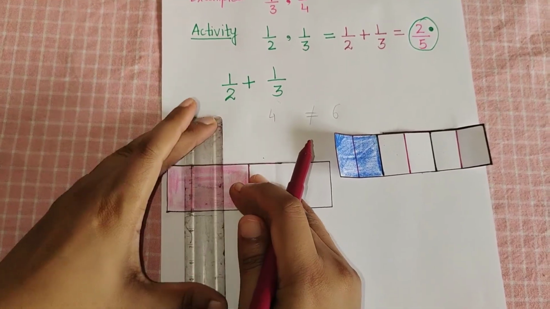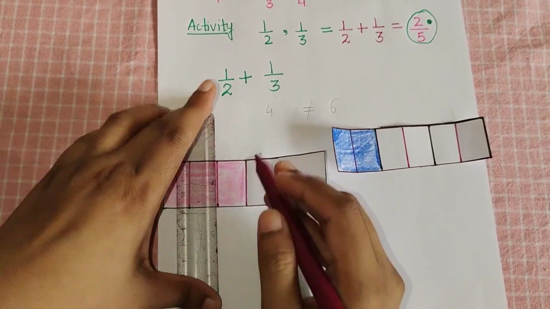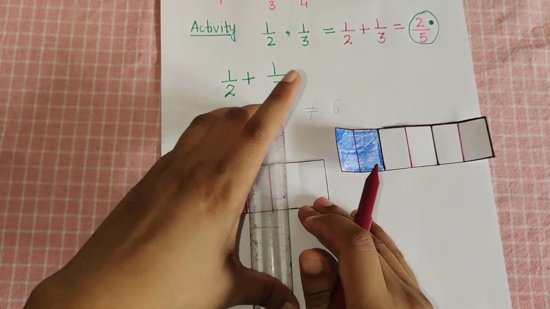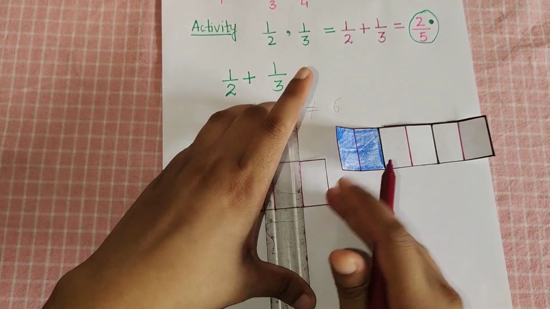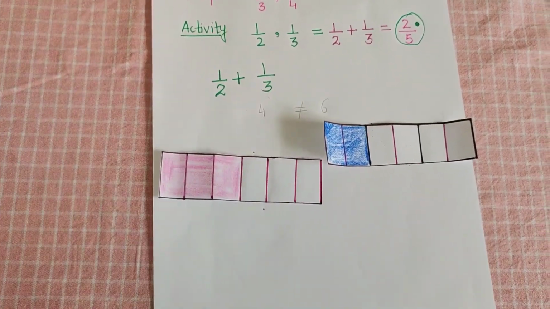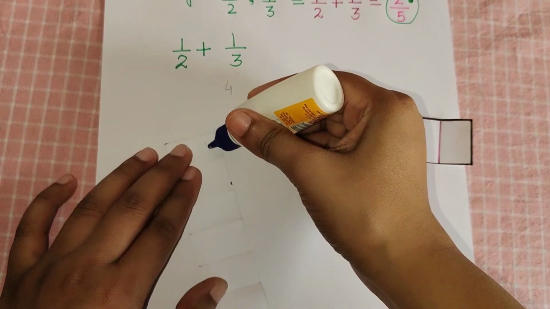1 2 3 4 5 and lastly 6. Now paste it in your copy.